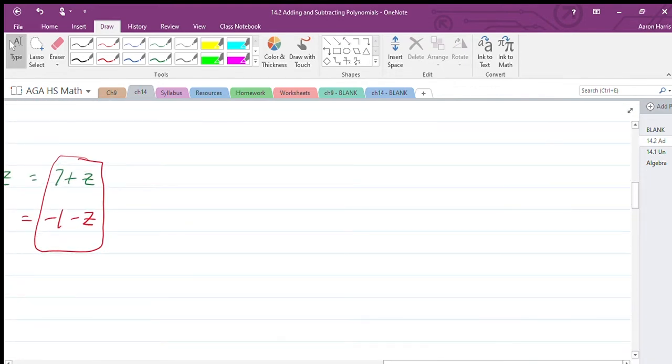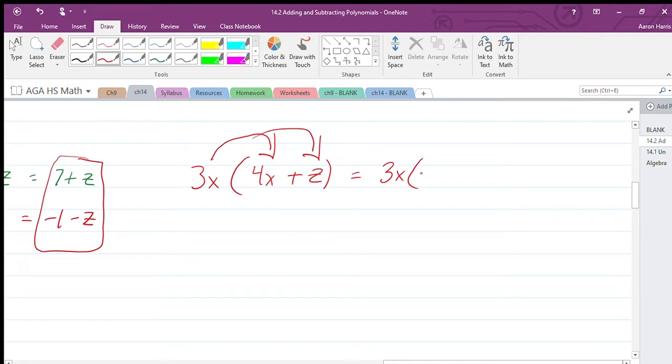In a nutshell, I can make it bigger. I can not just do constants. I can have anything. I can have a 3x multiplied by, let's say, 4x plus z. And if I have that, I distribute the whole thing in, the 3x and the 3x. So that rewritten would be 3x times what? 4x. Don't forget the sign.